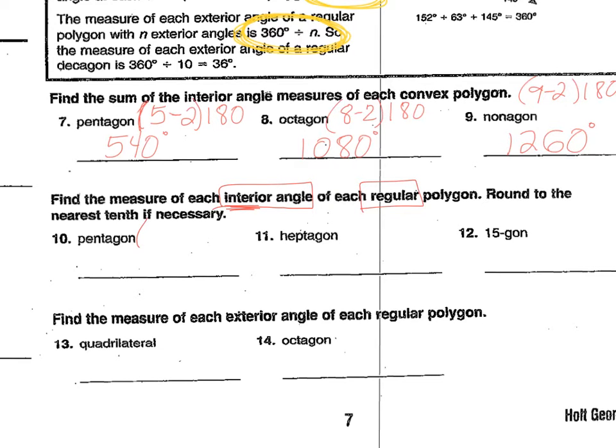So we already have the sum, right? 5 minus 2 times 180, and then divided by 5. We had 540, divided by 5, each one of the inside angles would be 108. How about if it's a heptagon?